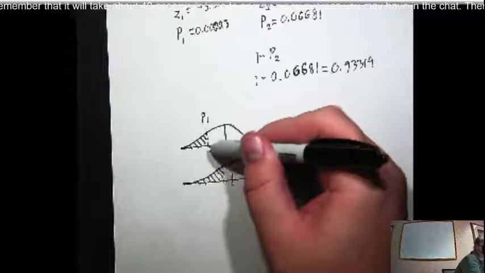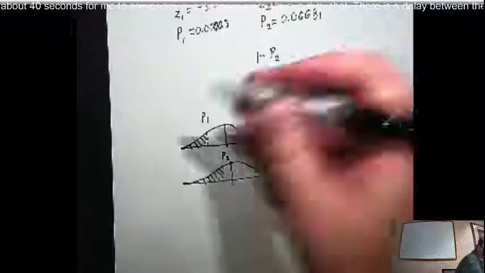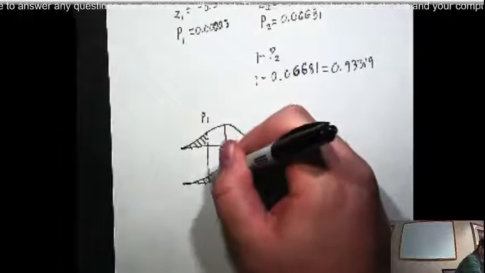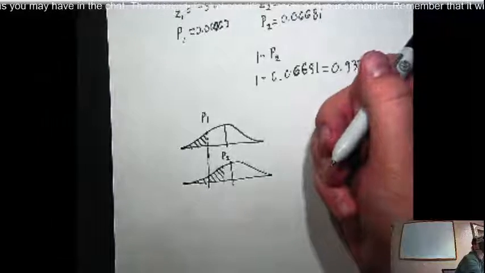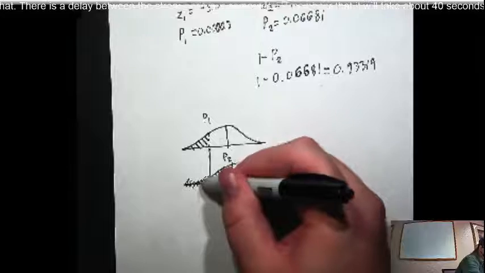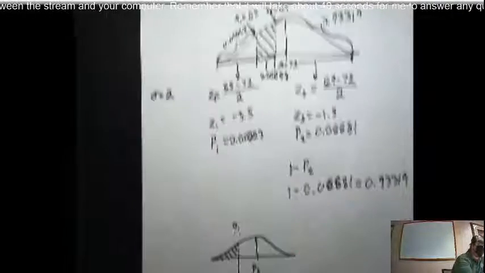If I find P1 and I find P2, what happens if I just lop off this part that represents P1? What happens if I get rid of it? It's gone now. Well, I get that space in the middle that we were looking for.